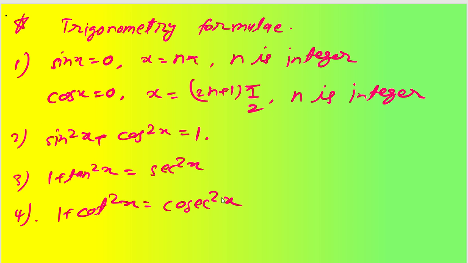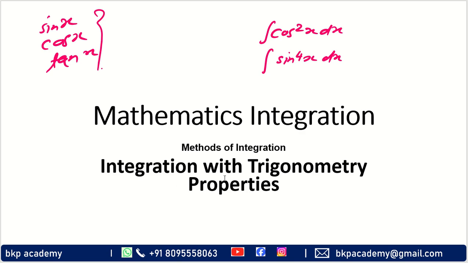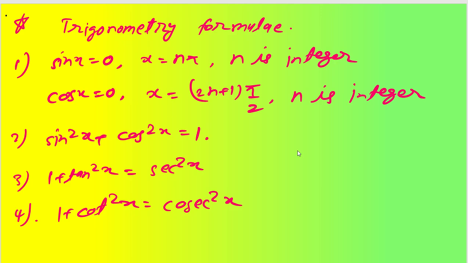At the same time, we can give you the derivation of each one of them. However, in our next session we will try to start with integration with trigonometric properties. Here we have covered all the formulas in this session at one place, so you can refer to each of them very accurately. Thank you so much.